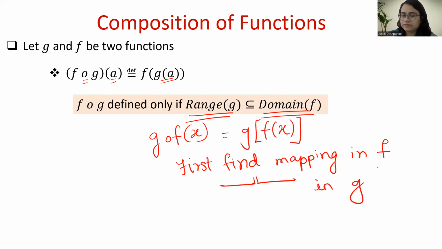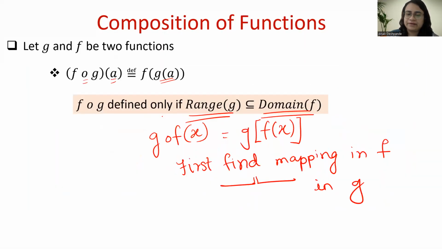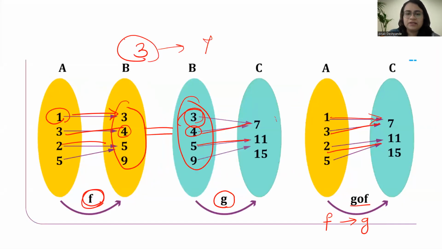This is reversed. Now, while doing the composition, these two sets should have the same elements. Otherwise, if they have different elements, composition would not take place. So the same thing was mentioned earlier, that the range of f should be a subset of the domain of g. Only then the composition is possible.